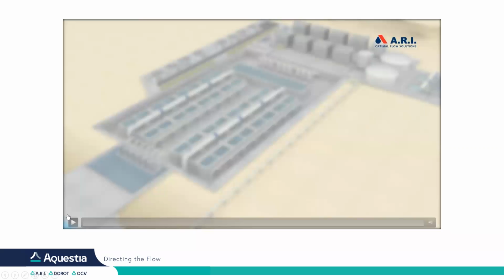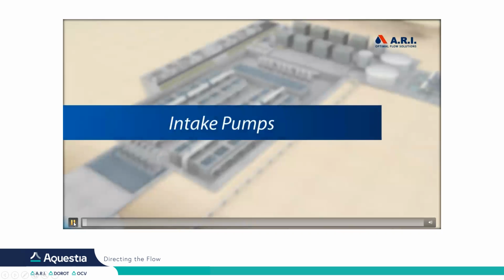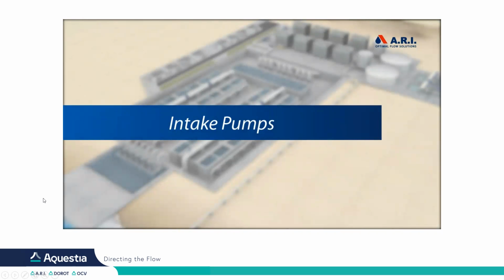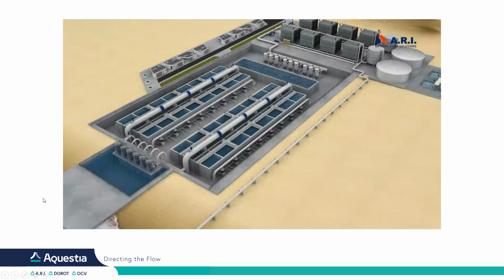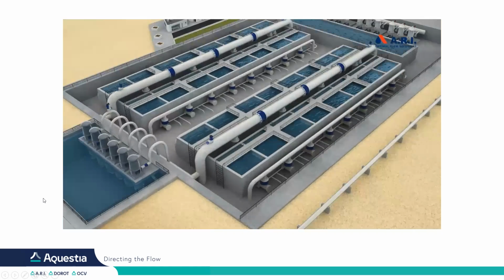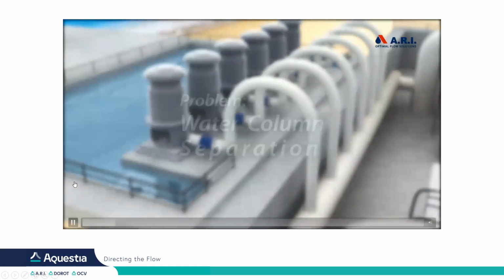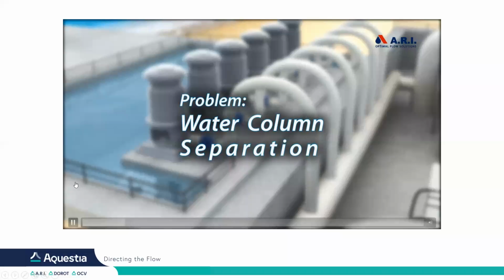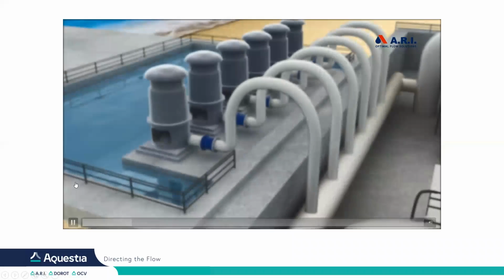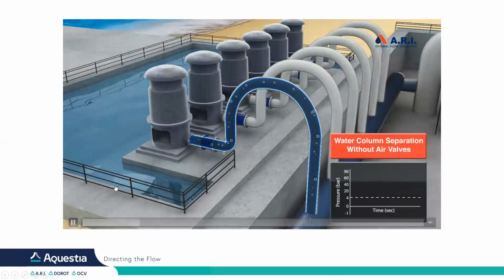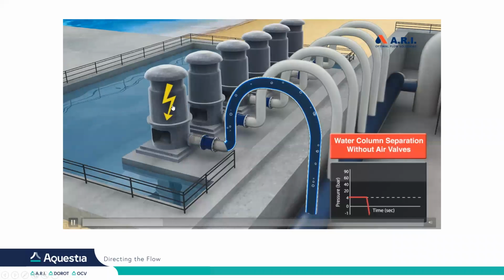We can see what happens to the system. That's an animation that will show you the water column separation with and without protection. So we have the pump intake. Okay, the pump is working and suddenly the pump stops.